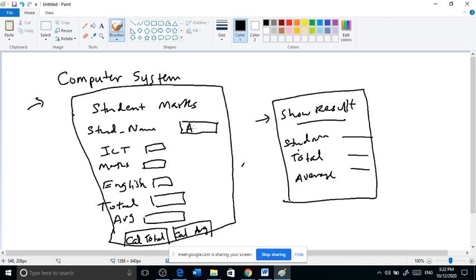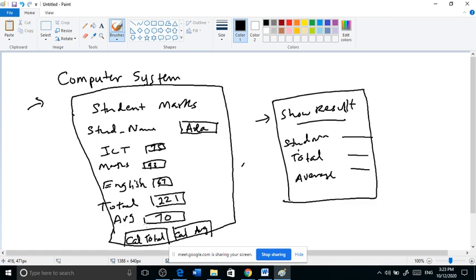You are entering ADA. The marks you are entering 75, 92, 93 and 67. Then you are getting the total 221 or something. Then you are getting the average 70 or something.